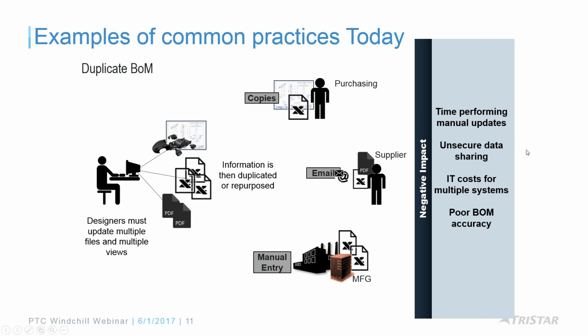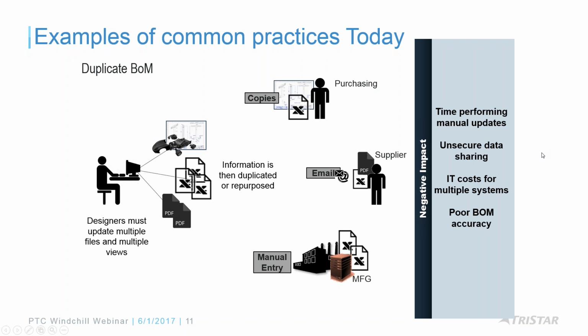So there's time taken in performing those updates. The sharing of those BOMs may not be secure if you're sending them by email. Traceability is lost. You know, how do I trace back who has what version?